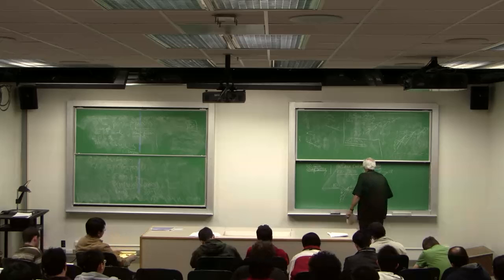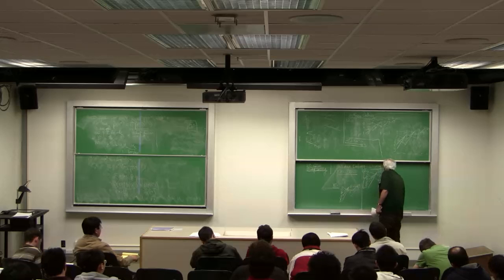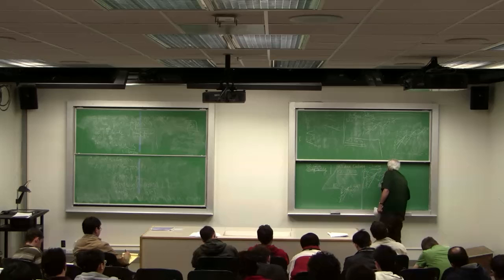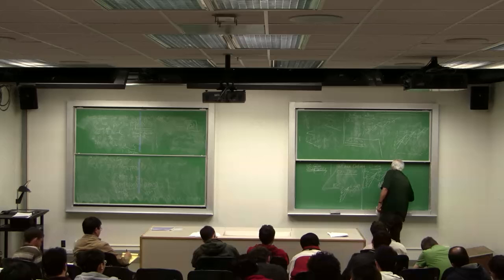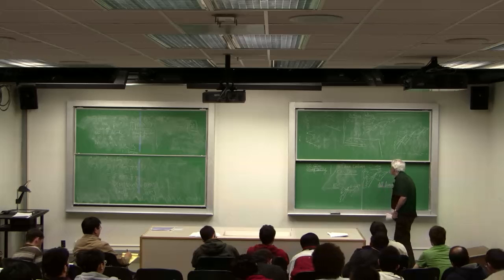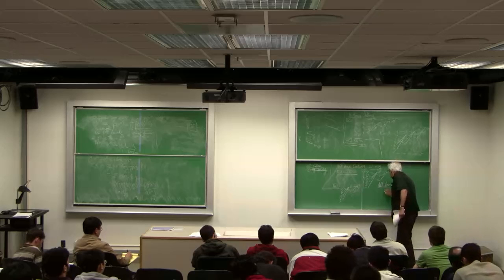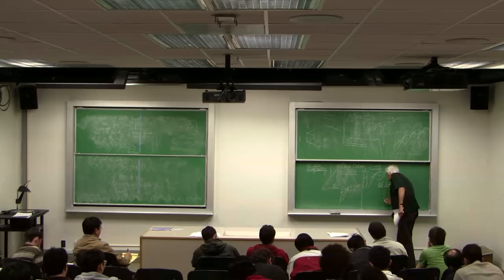So we should add a dummy. And this becomes then 7, 6, 5, 5, 0.